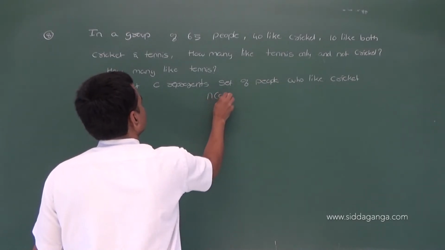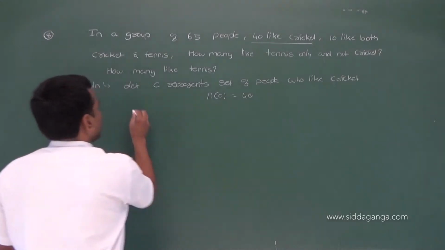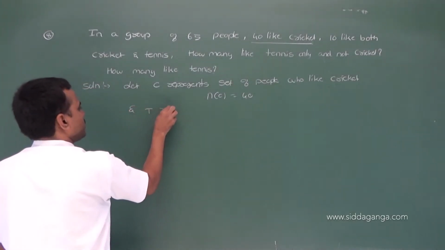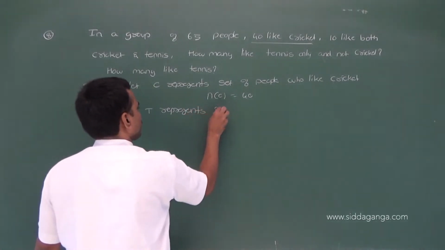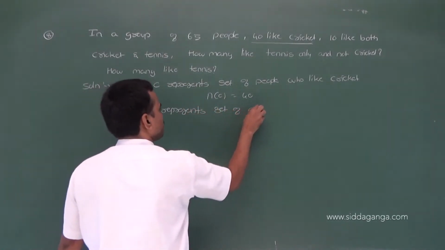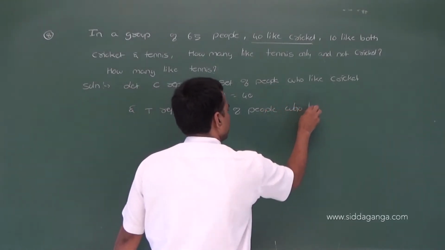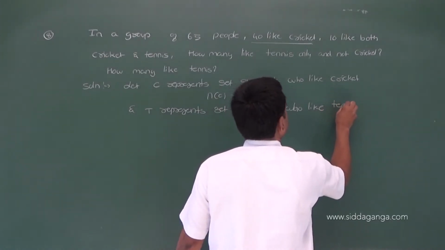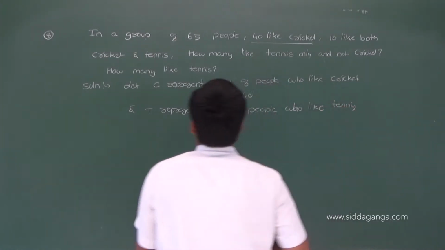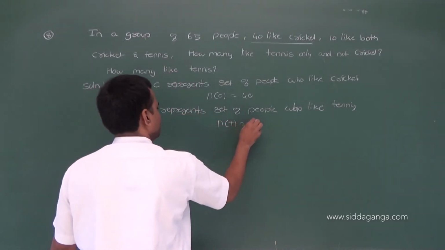N of C has given 40 and T represents the set of people who like tennis. We have to calculate this one.